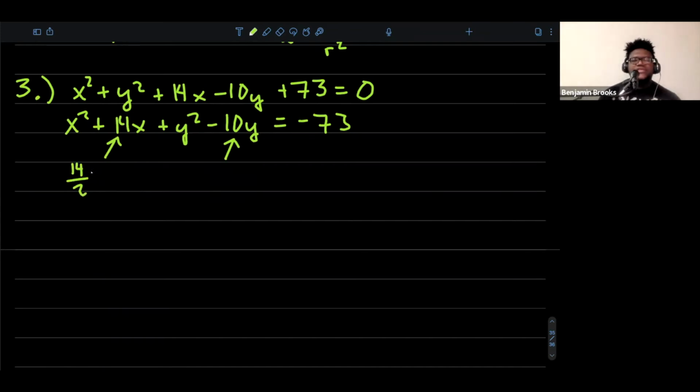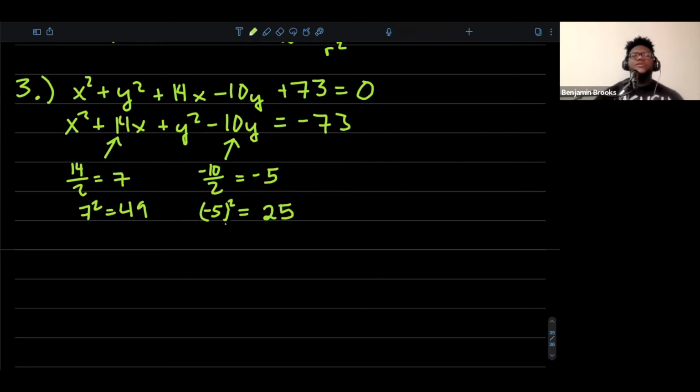But 14 over 2, as we know, is 7, and then 7 squared is 49. And for the other one, we've got negative 10 over 2 is negative 5. And then negative 5, if you square it, is 25.